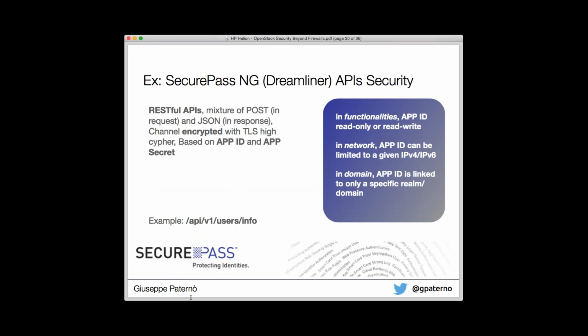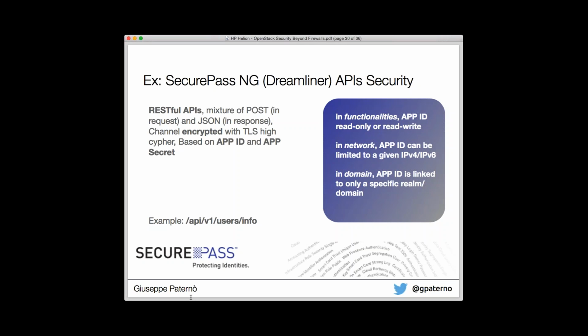First, functionality. If you're releasing an API ID or username and password, please try to segregate read-write and read-only functionalities, because this can save you a lot. One thing is reading your infrastructure, and one is modifying your infrastructure or your application.